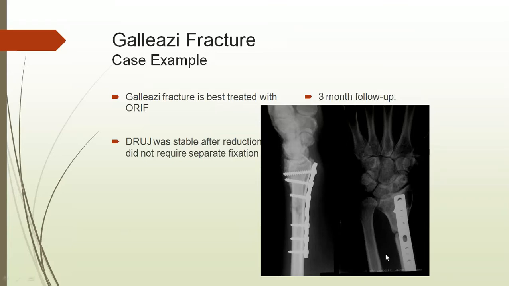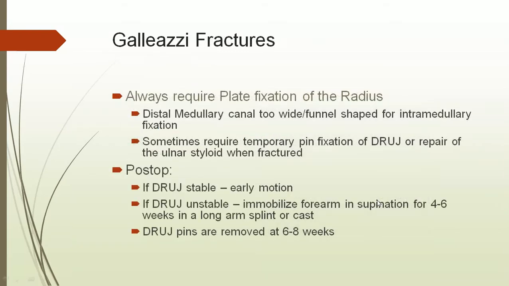Once you do the open reduction and fixation of the radius, automatically this joint will come approximate each other. This joint will come into normal alignment. So Galeazzi fracture always requires plate fixation. Already I told you. So after surgery, we need to follow the post-op protocol also.